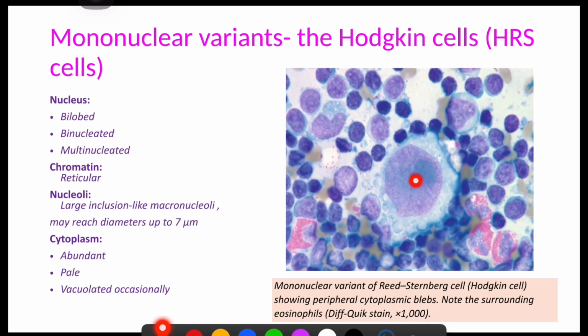Large inclusion-like macronucleoli is present, may reach up to diameter of up to 7 micron. So we can compare it with the RBC size of this nucleoli. If we see cytoplasm, it is abundant, pale, and vacuolated. So this is the characteristic of mononuclear variant of Reed-Sternberg cell, or it is called Hodgkin cell.